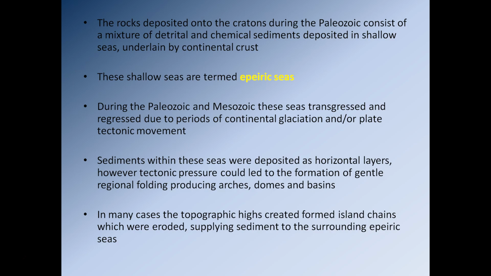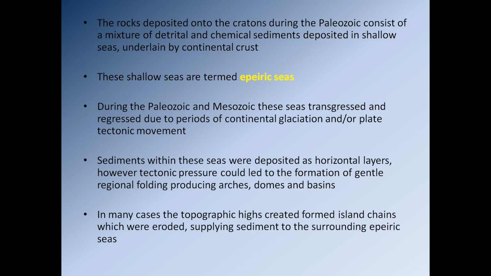During the Paleozoic and the Mesozoic, these Epeiric seas will transgress and regress during periods of continental glaciation and or plate tectonic movements. There's a couple of reasons why the sea level is going to go up and down during the Paleozoic, and that's obviously going to have a serious implication for whether the ocean is moving onto the land or whether it's retreating back into the ocean basins.